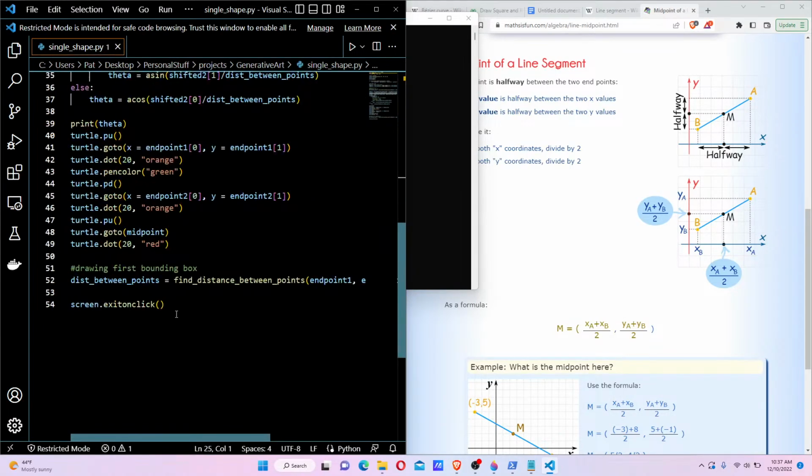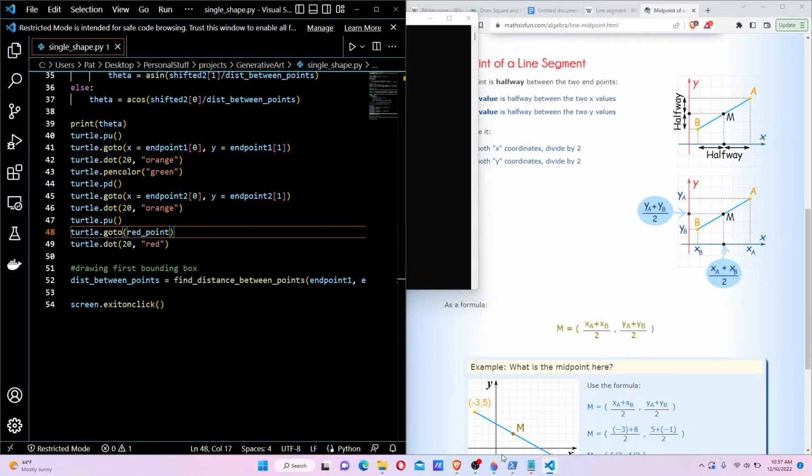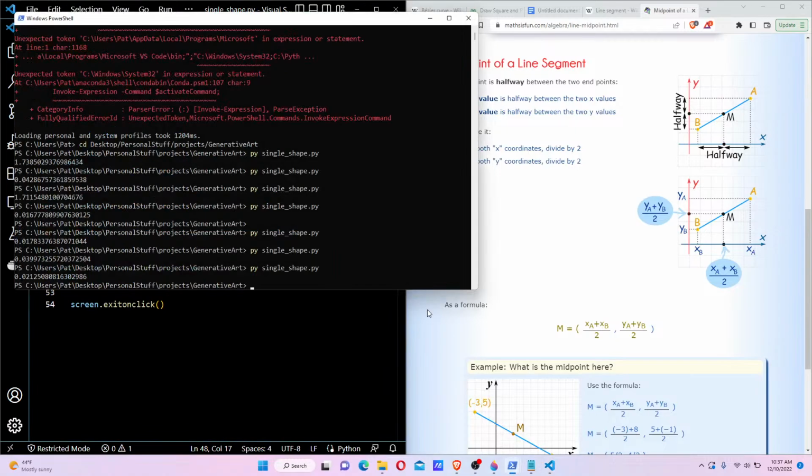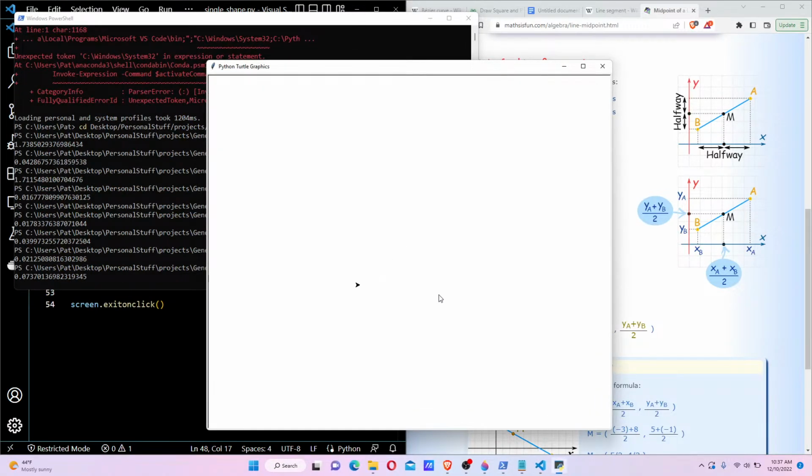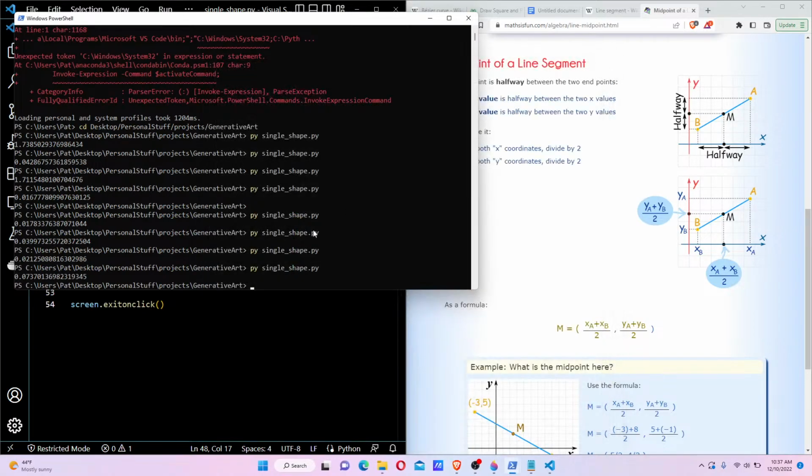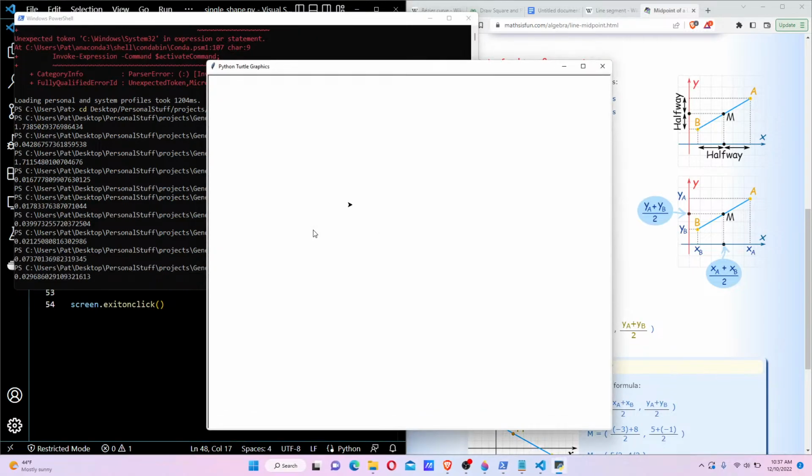Now, let's see if the red point is at the proper location. Nope, that's off. Try it again to see what happens. Off.